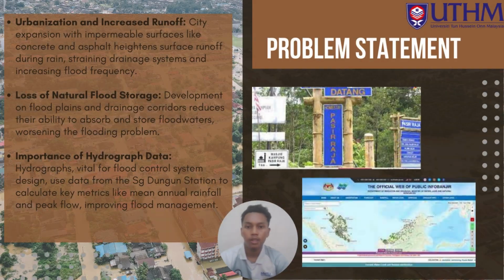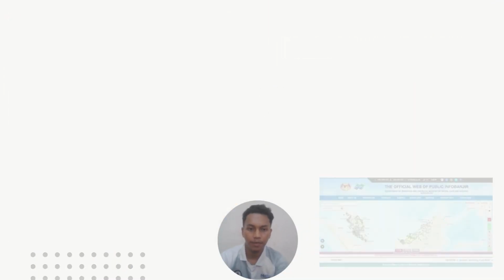For the problem statement of our project: urbanization and increased runoff, loss of natural flood storage, and the importance of hydrograph data for flood control system design. We use data from the Sungai Dungun station to calculate key metrics like mean annual rainfall and peak flow for improving flood management.